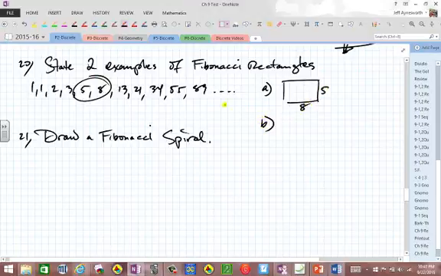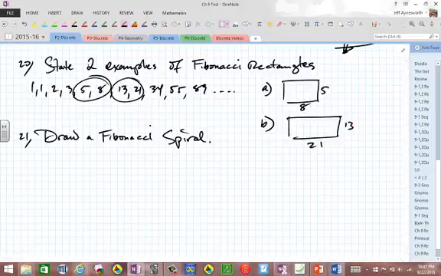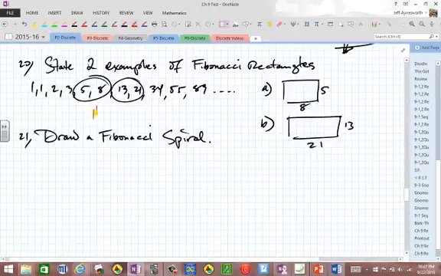Another one would be 21 by 13. You've got a lot of examples. Numbers must be consecutive, which means one right after the other.